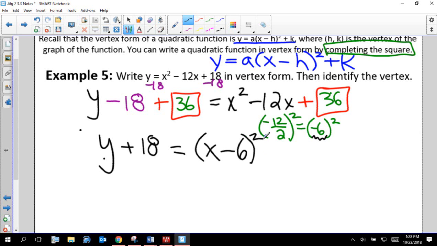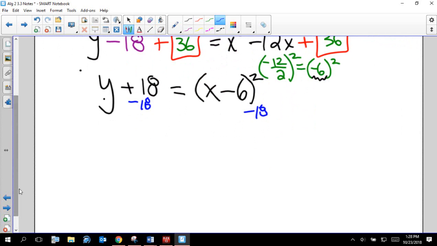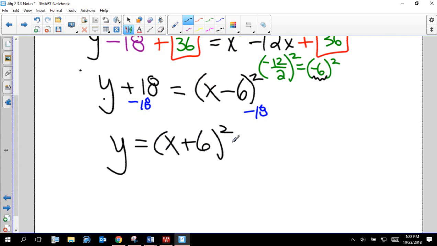Okay, now subtract 18 to the other side. It cannot go inside the parentheses. It cannot go inside the parentheses. Bless you. y equals (x minus 6) squared minus 18. And it's in vertex form.